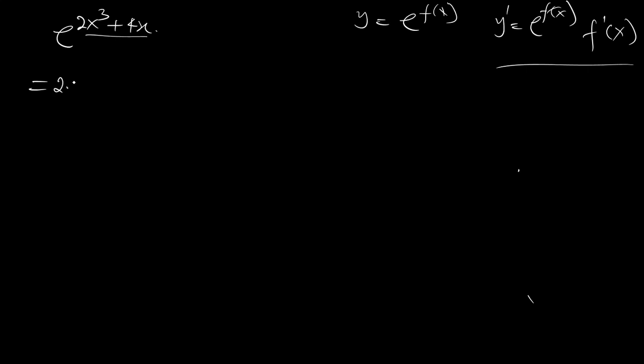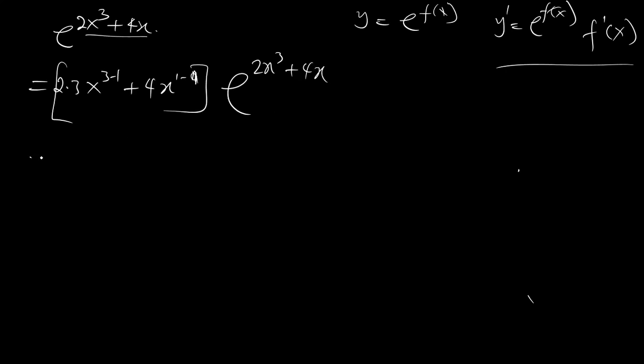You have 2 times 3x to the power 3 minus 1 plus 4x to the power 1 minus 1, all times e to the power 2x cubed plus 4x, which will give you 6x squared plus 4 times e to the power 2x cubed plus 4x.